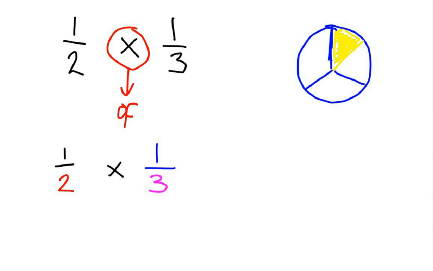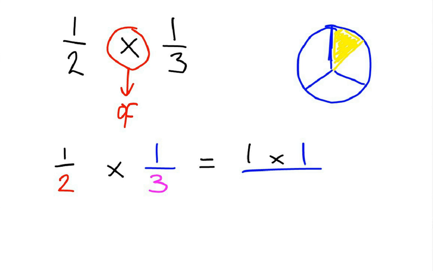What I'm going to do is multiply the top numbers together, so 1 times 1 in this case, the numerators together. And then over here I'm going to do my 2 times the 3, the red one times the pink one.